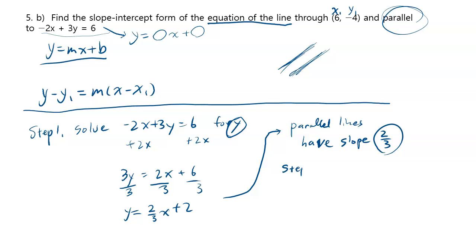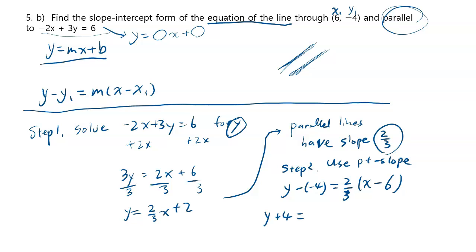So step 2, use point-slope form, which is y minus y1, which is -4, equals 2/3 times x minus x1, and that's 6. And this is y plus 4 equals 2/3 times x, and then -2/3 times 6.